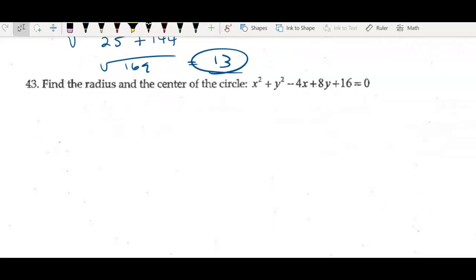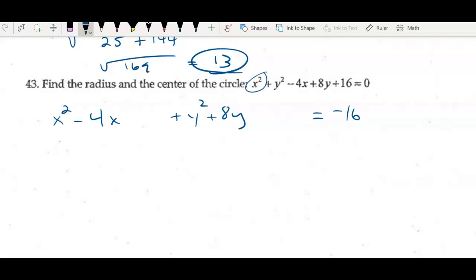And finally, your circle problem. When you go to do your circle problem, put your x's together, leave a space. I'm just rewriting it. All right, so notice what I did. I put my x terms together, x squared minus 4x.